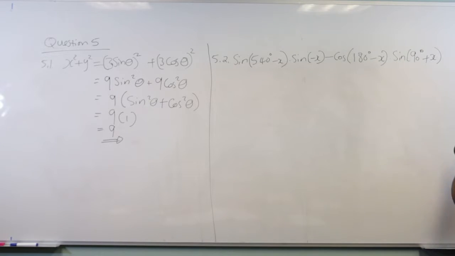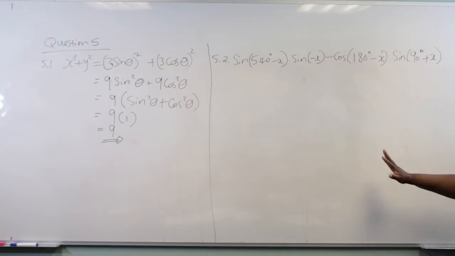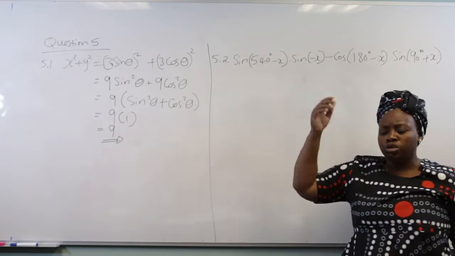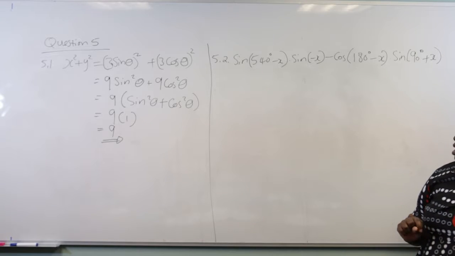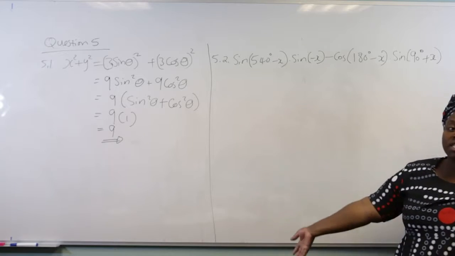Folks, looking at this question, you can see the variety of many things. It is 6 marks. To start with, there's 540, meaning that the revolution has been completed, and then we go to the third quadrant, and then we go again to the first quadrant and to the second quadrant again, but after the revolution. So it's 360 plus.